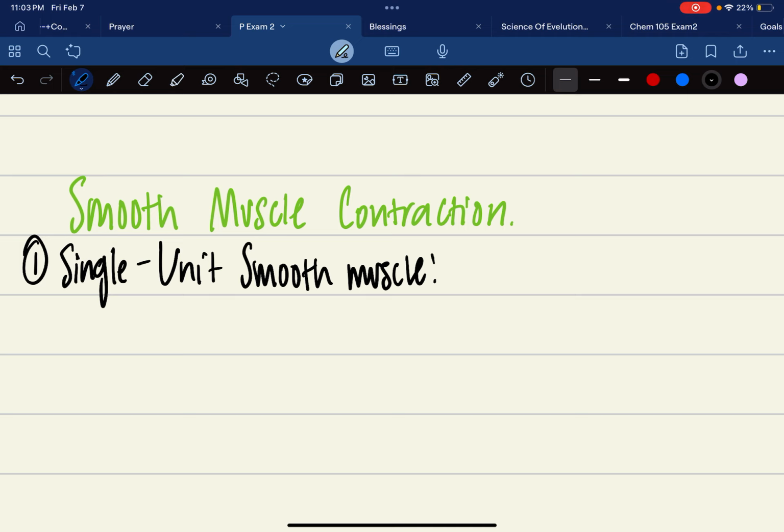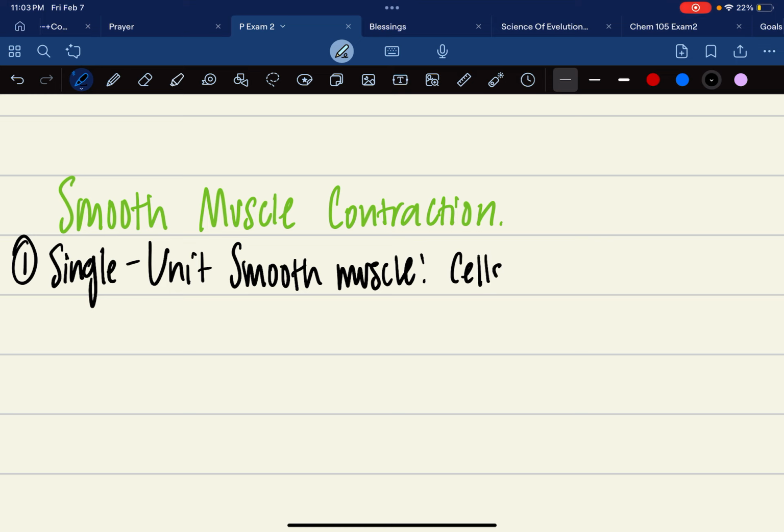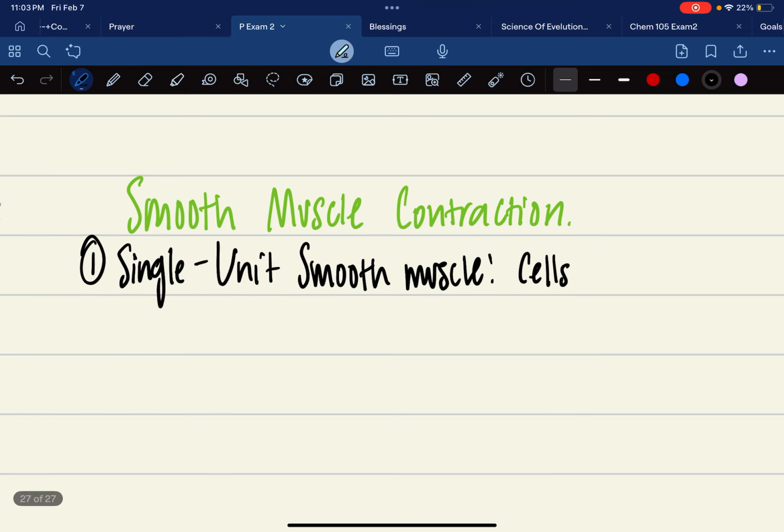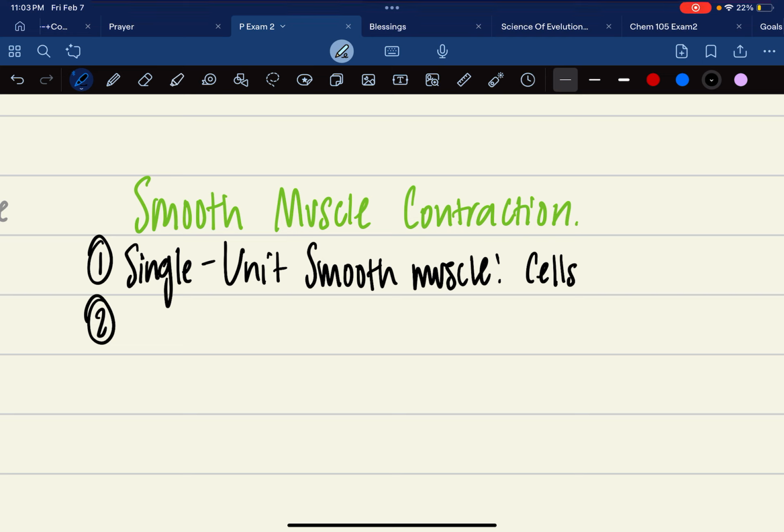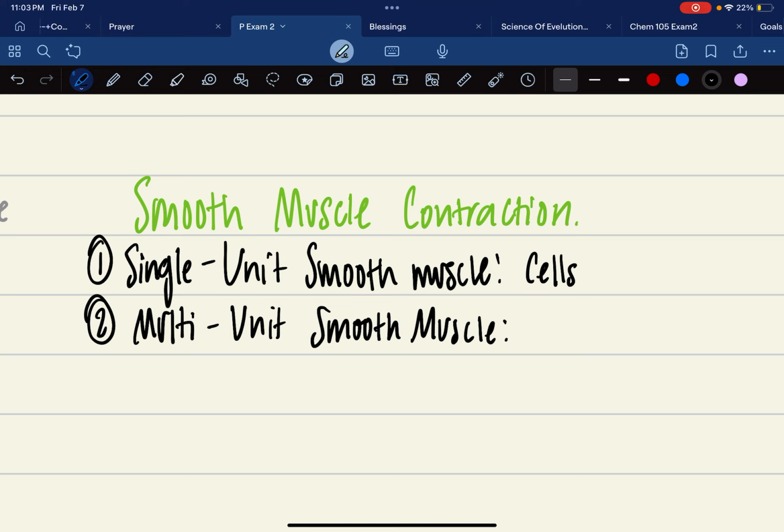And this is just cells connected by gap junctions, allowing synchronized contractions. And then the second one is multi-unit smooth muscle. And this is just cells that function independently and are innervated individually.